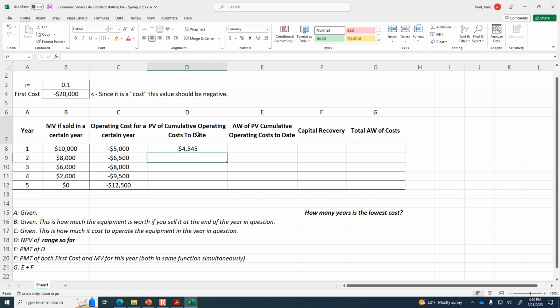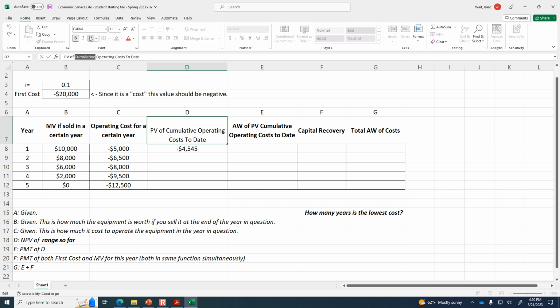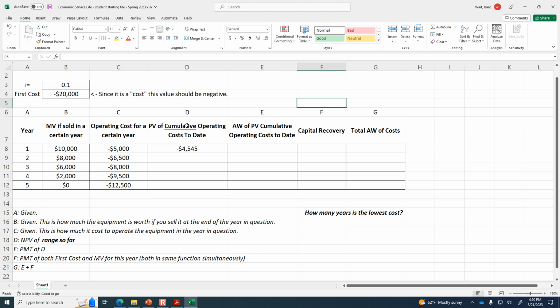Okay, but there's a word in here that should be catching your attention. Cumulative. Okay, so if we go with 1 year of ownership, our operating costs are just this $5,000.